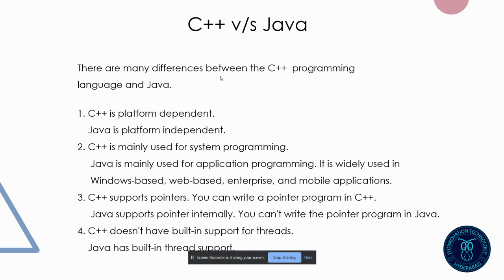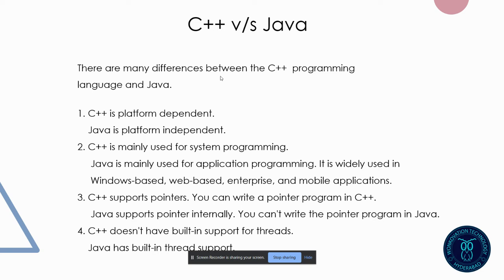So, C++ is platform dependent. While Java is platform independent because Java uses both compiler and interpreter. Java source code is converted into bytecode at compilation time. The interpreter executes this bytecode at runtime and produces Java output. Java is interpreted, that is why it is platform independent.